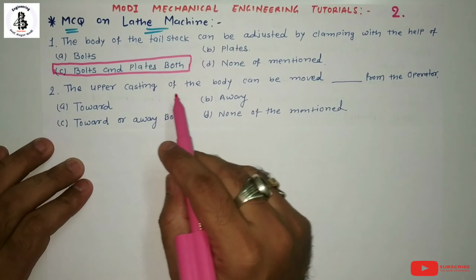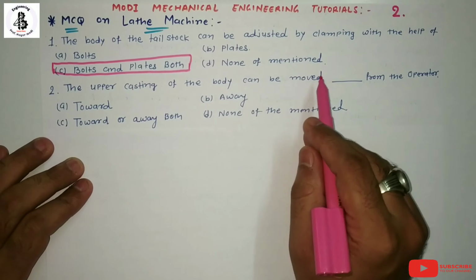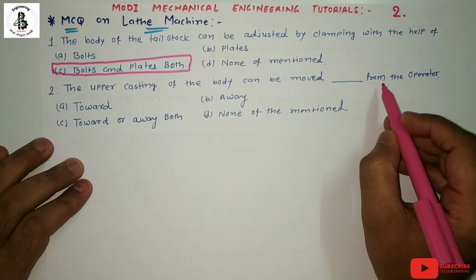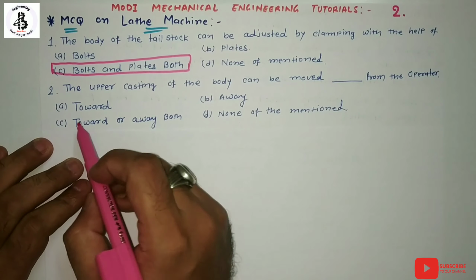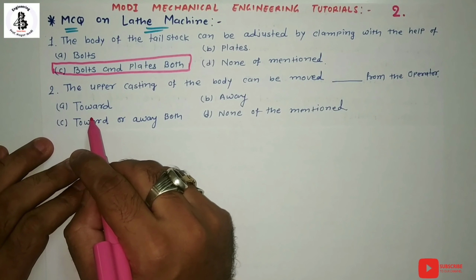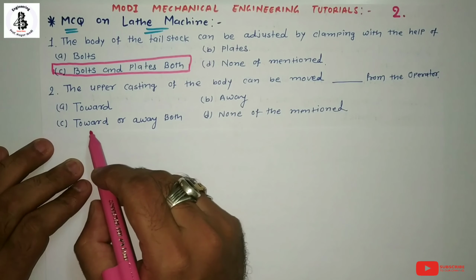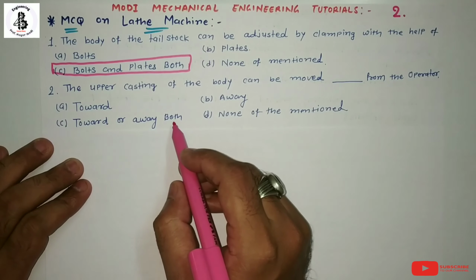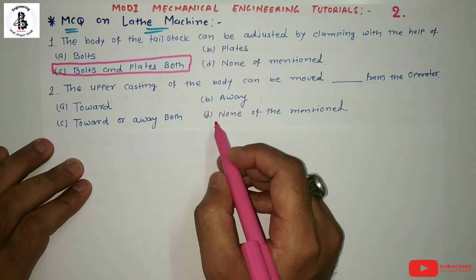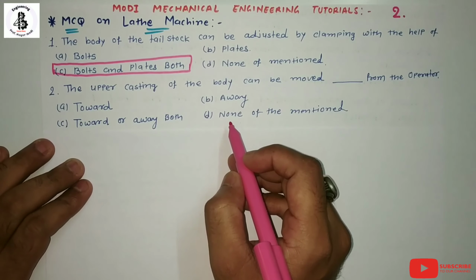The upper casting of the body can be moved from the operator. Option A, towards, option B, away, option C, towards or away both, and option D, none of the mentions.